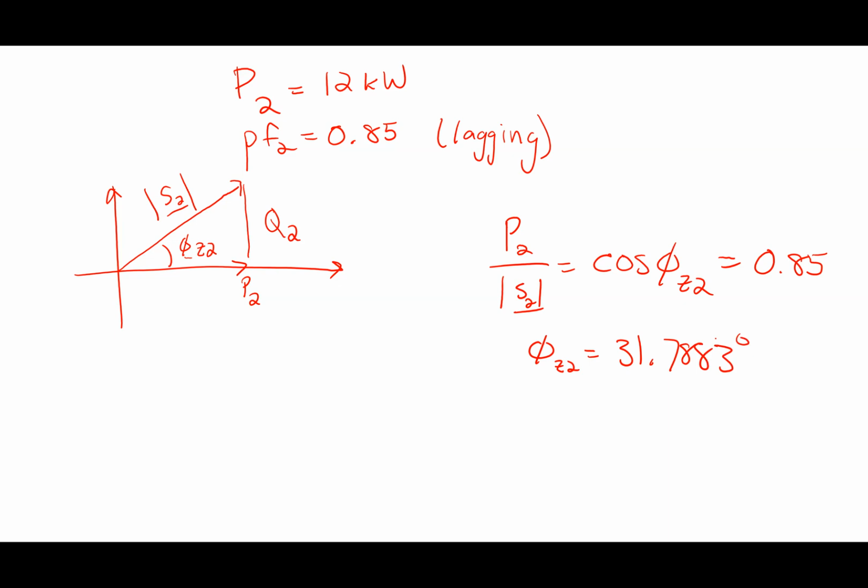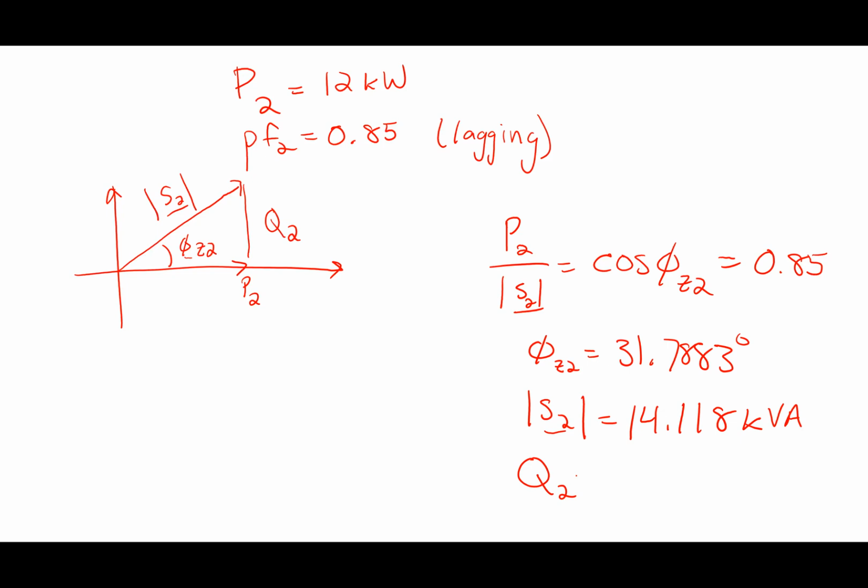And I get that the magnitude of S from this whole thing works out to be 14.118, what units? kVA. Okay. And then Q, how would I get the Q in this case?